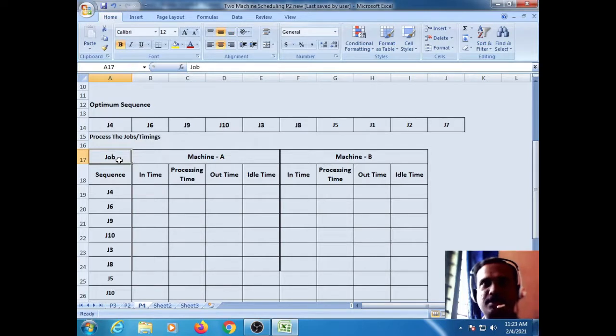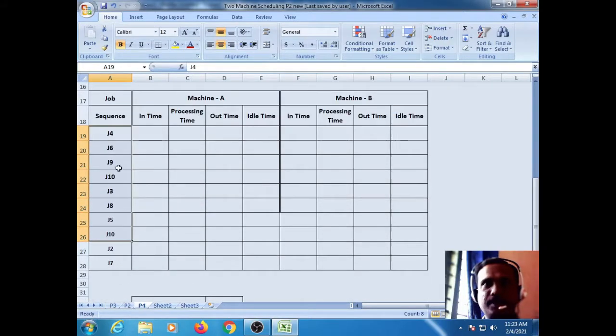In the first column I have taken the job sequence, and this is for machine A and this is for machine B. For machine A I'm taking in time, processing time, out time, and idle time. At the same time I am taking the same for machine B. So I want to calculate all these for two machines.